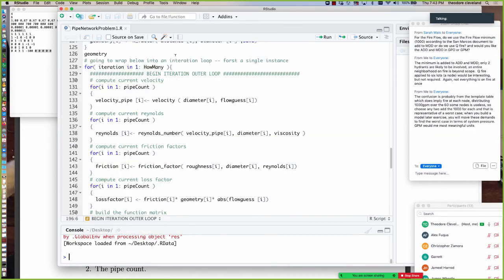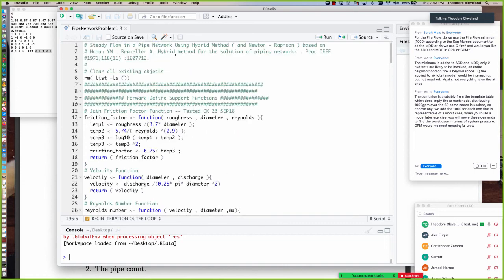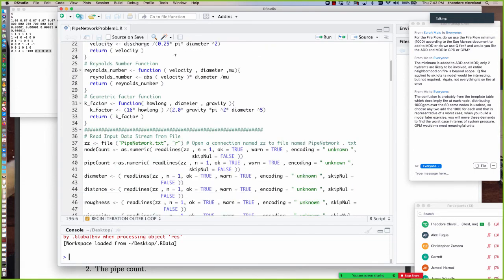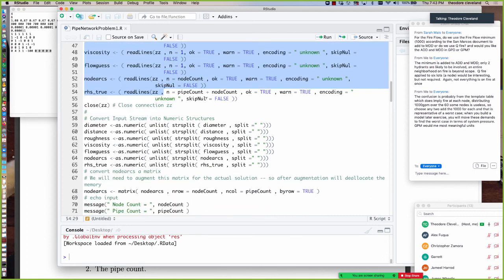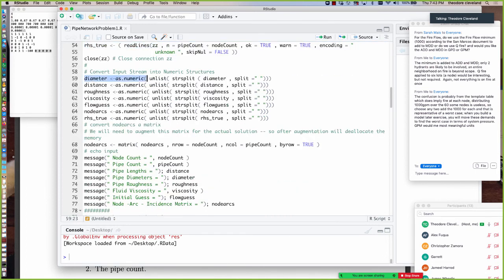All right, I've gone through this scripting sheet already in pieces in the presentation, so I will just scroll down, and the hardest part is reading the data and then converting the various rows that you read, because they're originally read as strings, into their numeric equivalents.